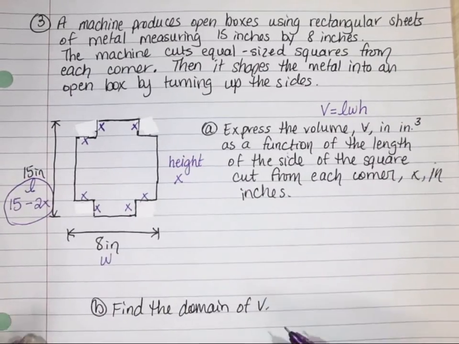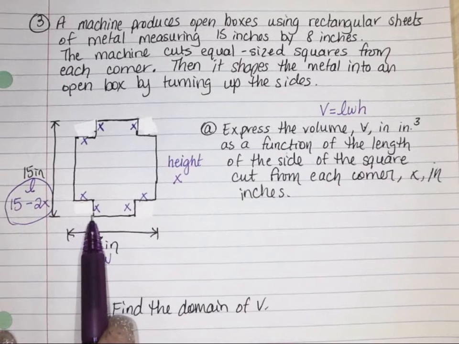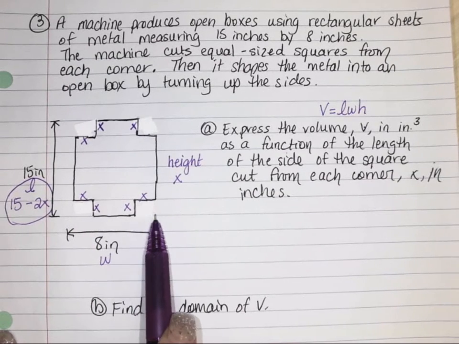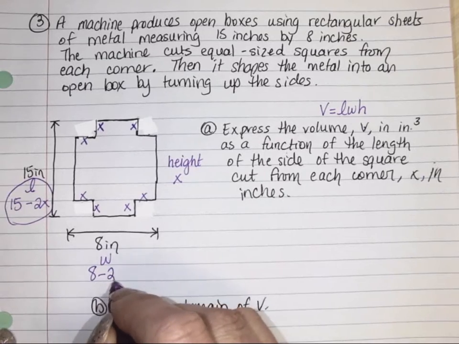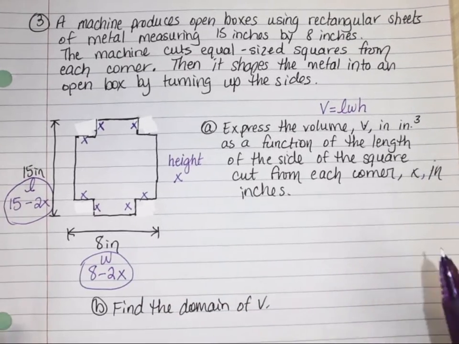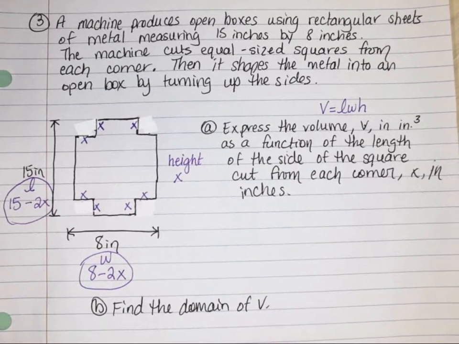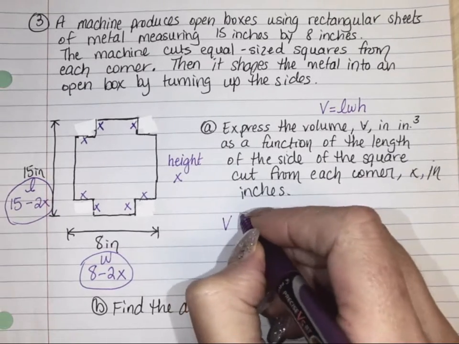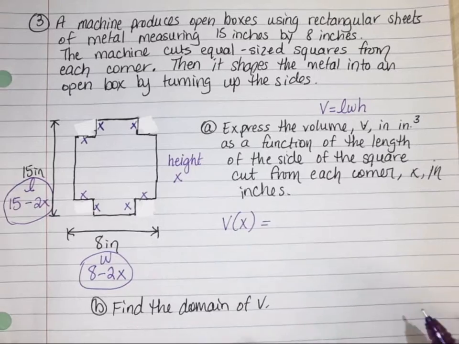And in the same sense, on the width, you took an x measurement off here, and you cut some x measurement off from that side. So 8 minus 2x is your width. But they want us to express that in terms of its volume. So we're going to say V of x, express it as a function of x, so make sure you write it in function notation.